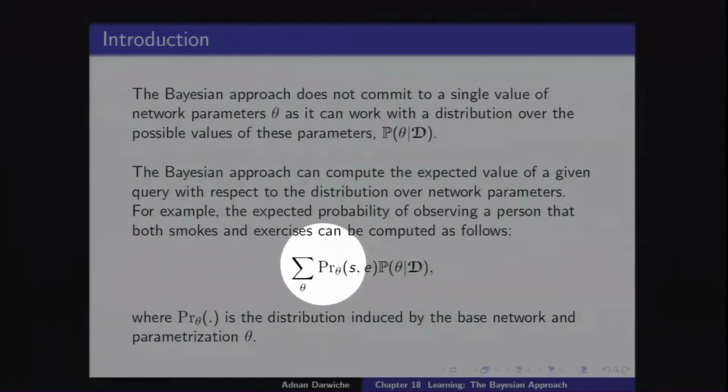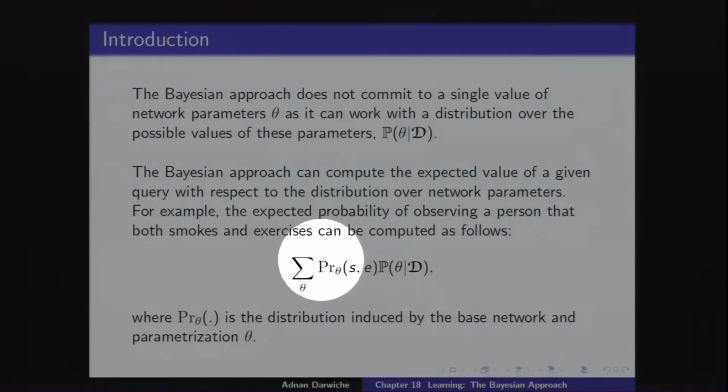Now, in the maximum likelihood approach, what did we do? We found this theta, we plugged it in and computed the probability that someone smokes and is health aware, and I gave you a number back, correct? Here I don't have to commit to one. What I can do is sum over all possible parameter estimates, plug each one in here, and compute the probability of S and E under that parameter estimate, and then weigh by the probability of that parameter estimate.